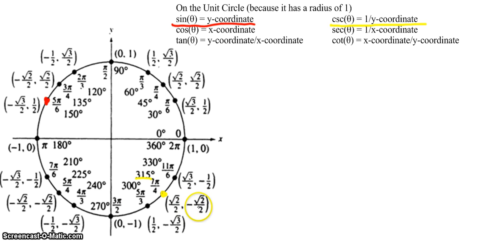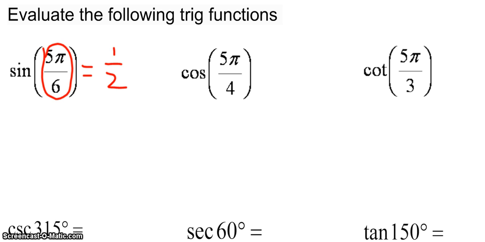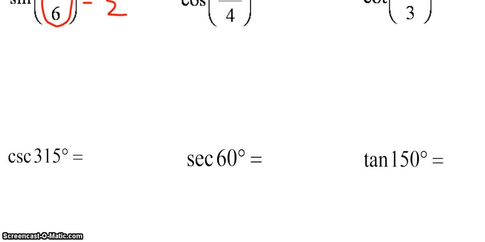It's negative root 2 over 2. So I know the cosecant is going to be negative 2 over root 2, because it was 1 over negative root 2 over 2. We want to rationalize this, and I'm not going to show the work, but it's going to come out to be negative root 2.